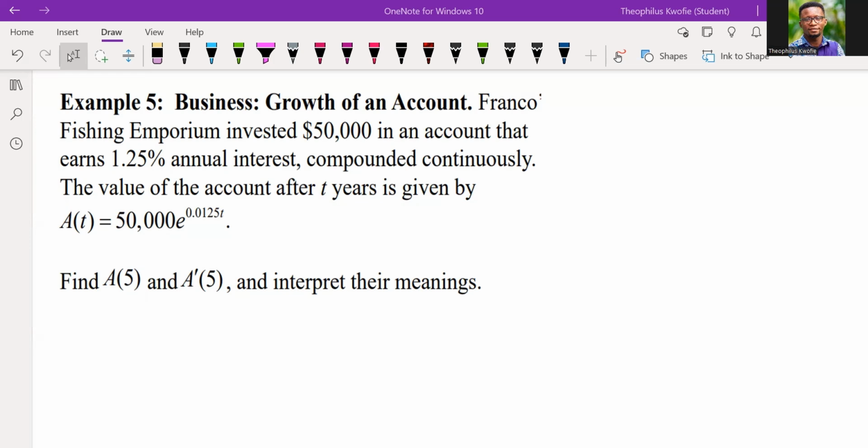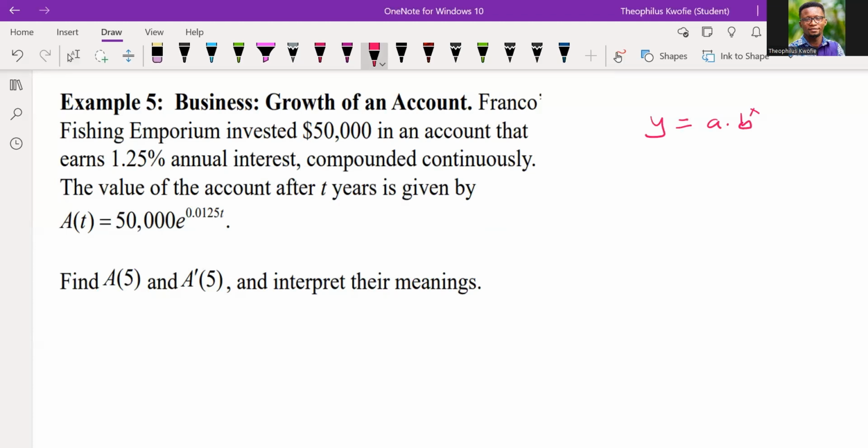The problem is that we want to know the value of the account after several years, and we are very fortunate that the value of the account is expressed as an exponential function. So I want us to please take notes.